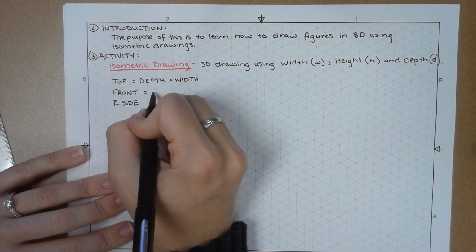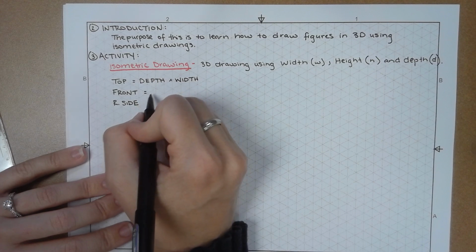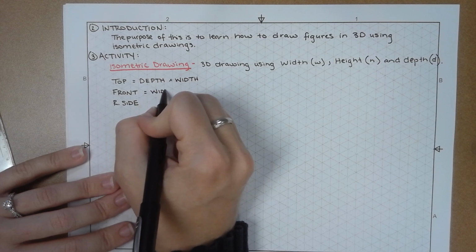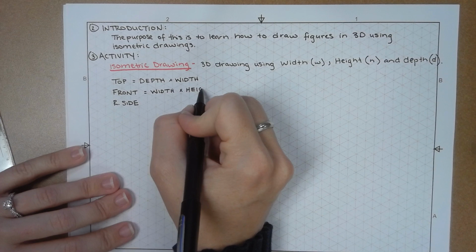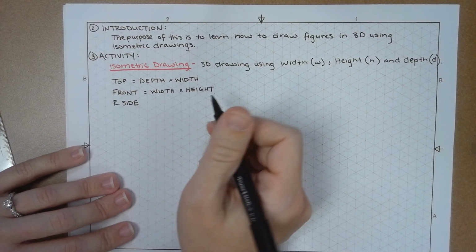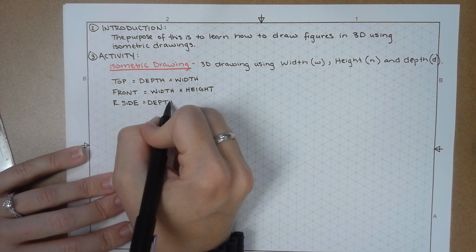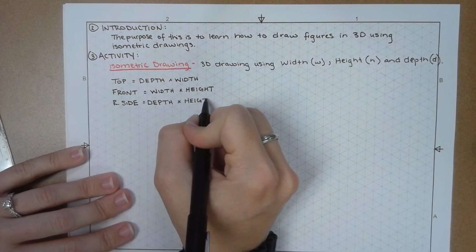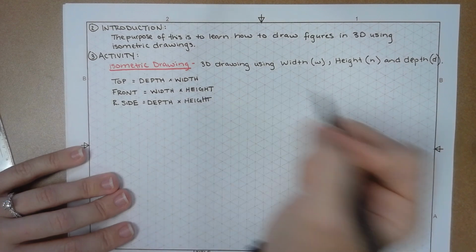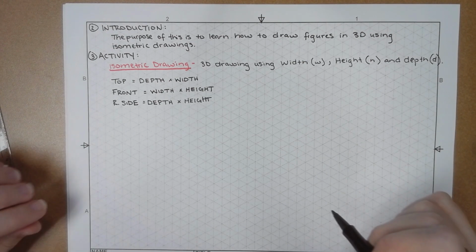Our front view is going to be using the width and the height dimensions, and the right side view is going to be using the depth and the height dimensions. So again, all of that information is very consistent with our orthographic drawings. The way we complete these drawings is a little bit different, and here's how.